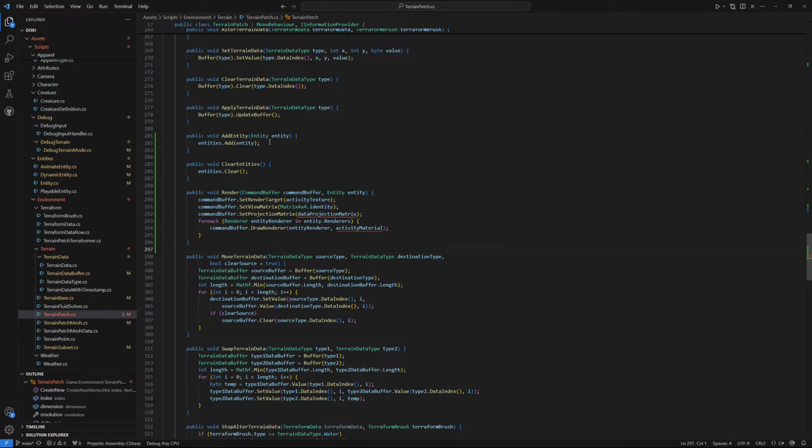So instead of render, what we call add entity instead.